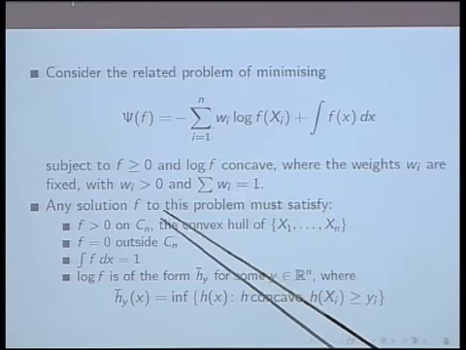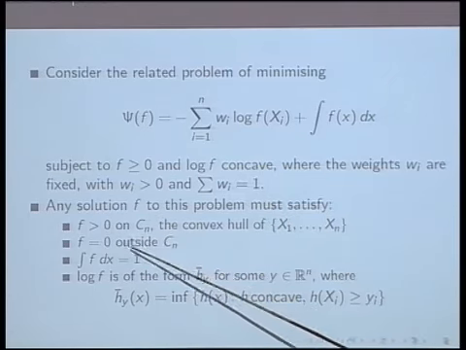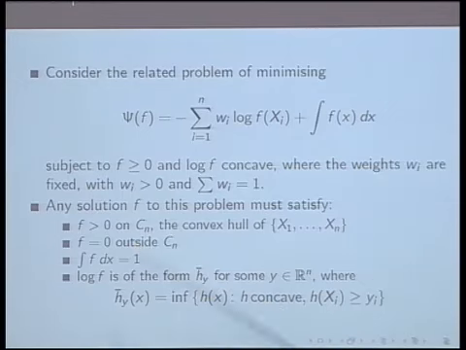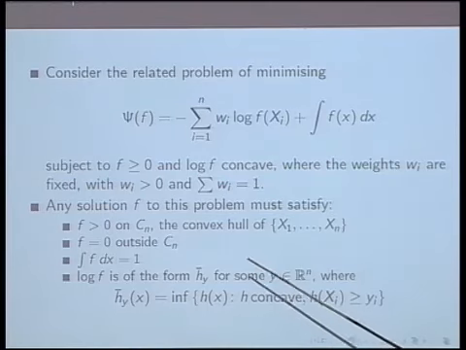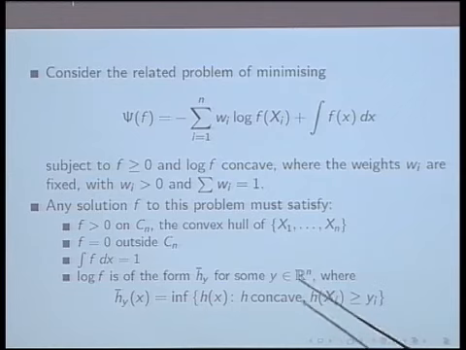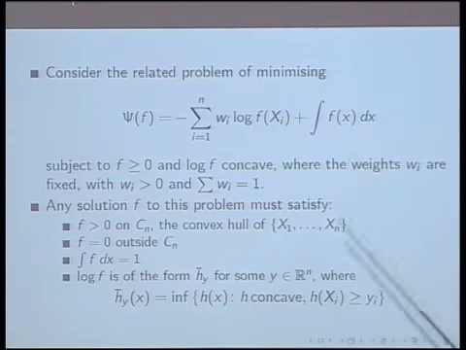Any solution to this problem will have a couple of properties that will help us to compute it. It's going to be supported on the convex hull of the data. So it's going to have a discontinuity at the edge of the convex hull, which is perhaps not quite what we want, but anyway, that's a characteristic of it. And we're actually going to get a real density because of this Lagrangian term.